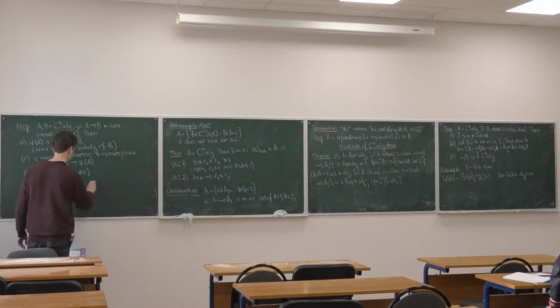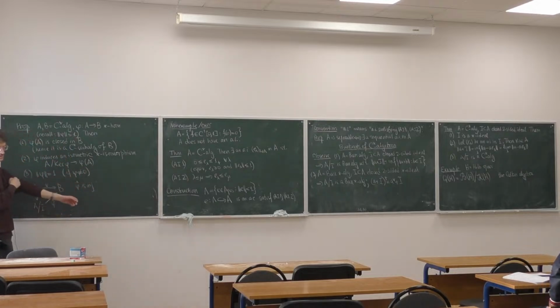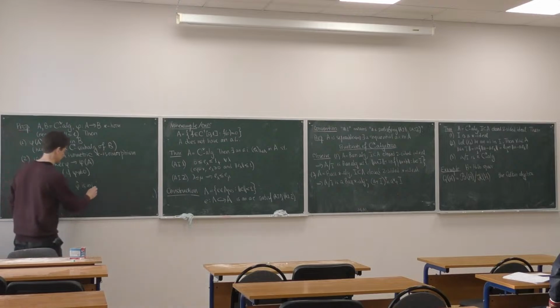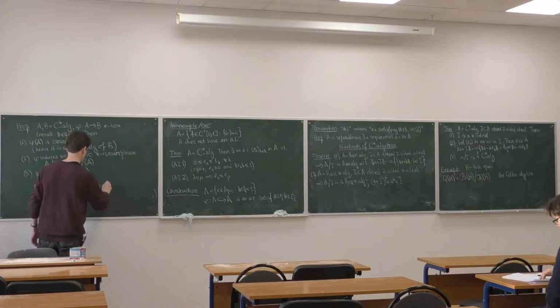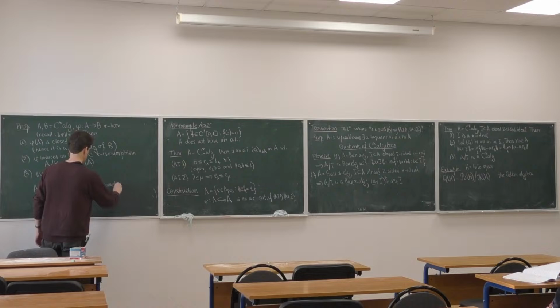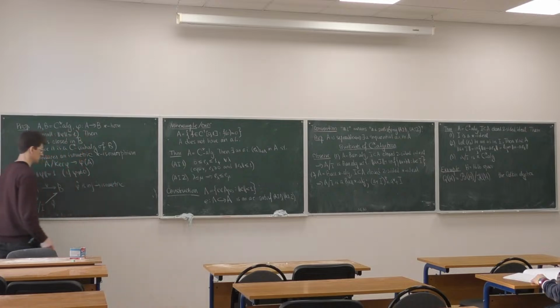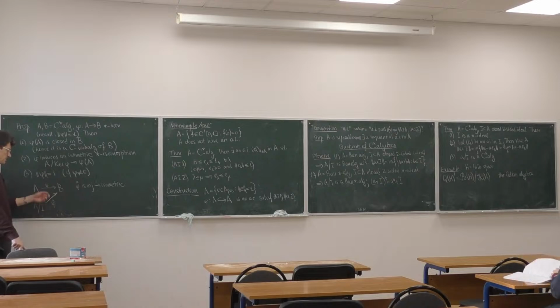But we observed at the previous lecture that an injective star homomorphism is always isometric. So the range of phi hat is closed because it is isometric, but the range of phi hat is the same as the range of phi. So the range of phi is closed.